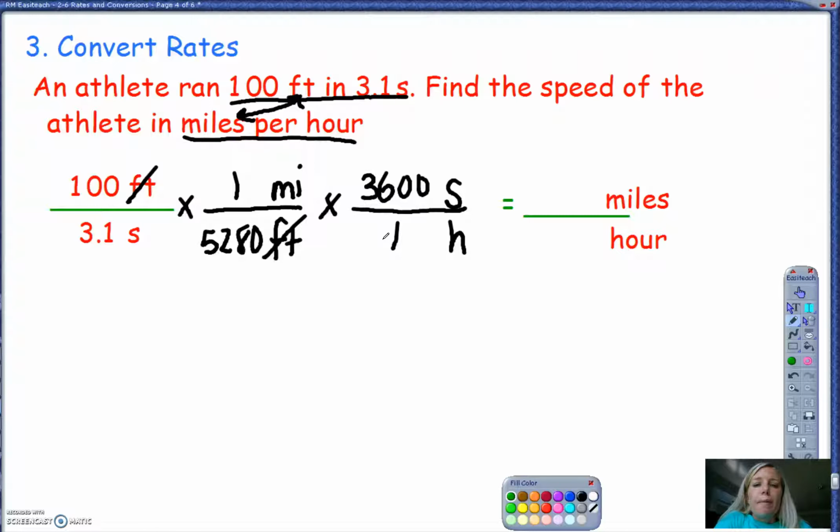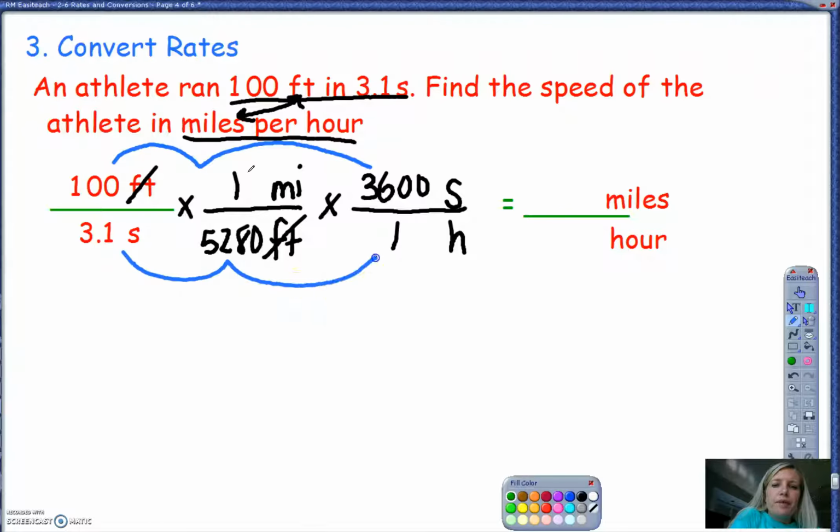Okay, now you need to figure this out and do the math. To do that, you're going to multiply everything across the top, those 3 numbers, and then you're going to multiply everything across the bottom, and you're going to divide. When you multiply across the top, you get 3,600.